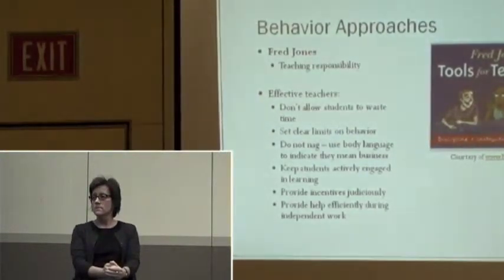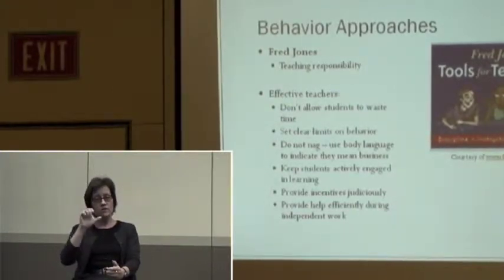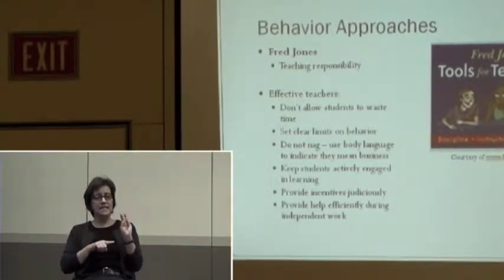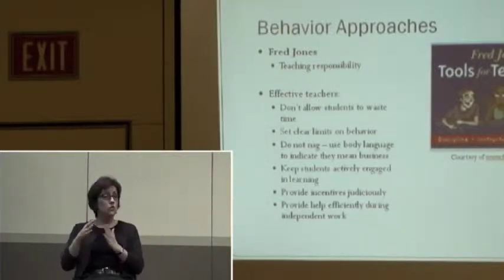What Fred Jones found in his research is that there are 6 characteristics of effective teachers. The first is that they don't allow students to waste time, and they themselves don't waste time.